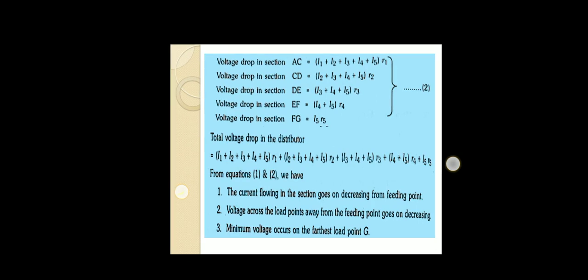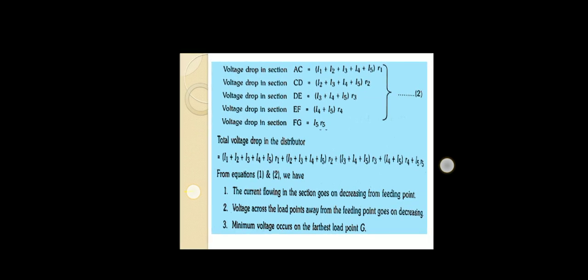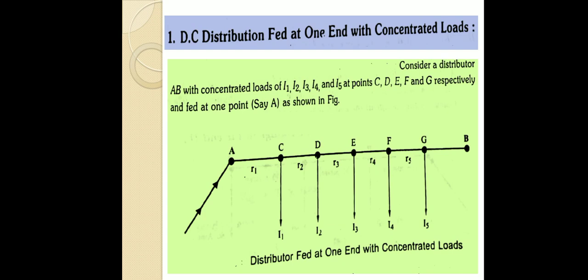So two things go on decreasing: current and voltage. Third, the minimum voltage occurs at point G. To repeat: voltage is decreasing, current is decreasing, and the minimum voltage occurs at point G.